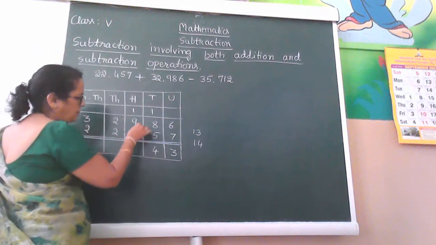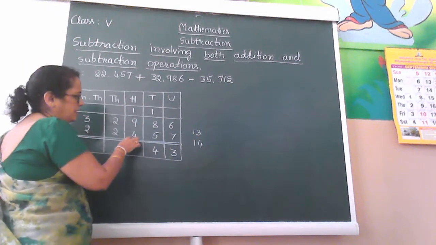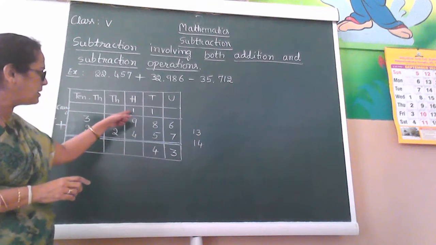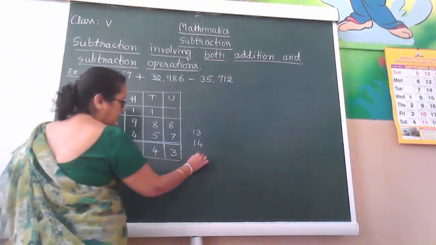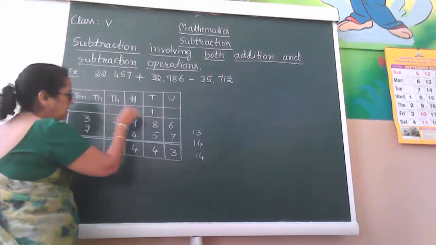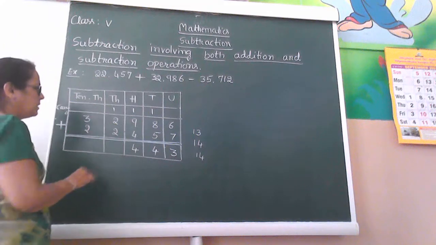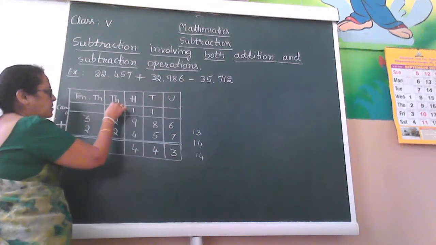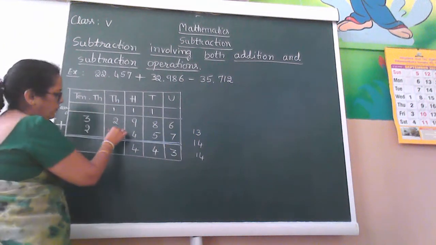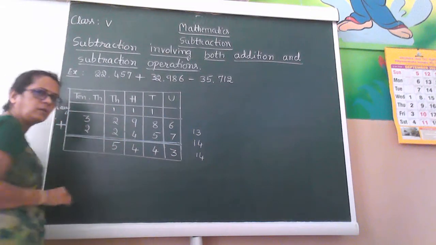Next 4 plus 9 plus 1. 9 plus 4 is 13. 13 plus 1 is again 14. So write 4 in hundreds place and give 1 carry to thousands place. Okay. Next 2 plus 2 plus 1 carry. 2 plus 2 is 4. 4 plus 1 is 5. Okay.